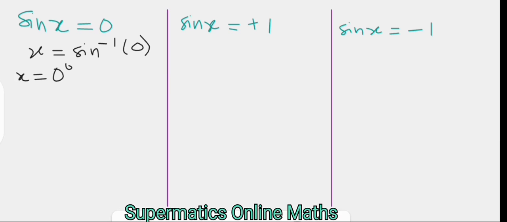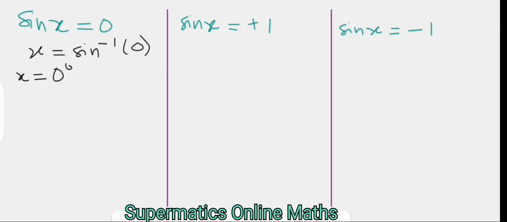Now, at every 180 degrees turn, sine x will always be 0. Every addition or subtraction of 180 degrees to the angle 0 degrees that we started with is going to give us the sine to be 0.